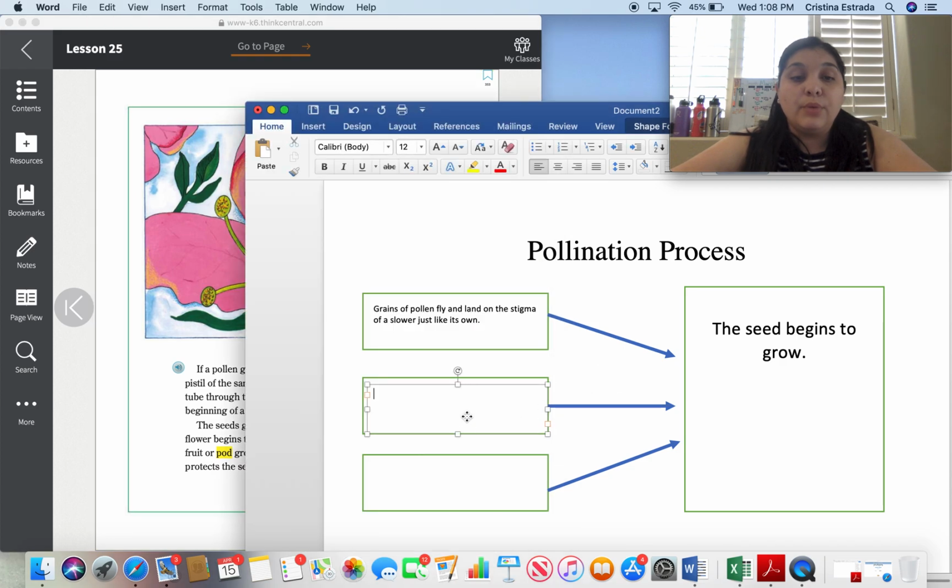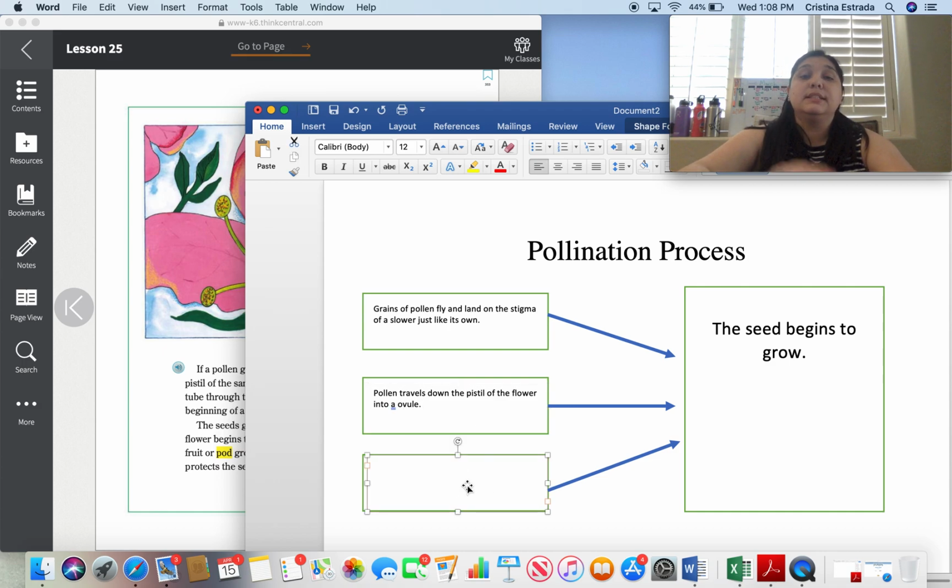So I put that the pollen travels down the pistil of the flower into an ovule.